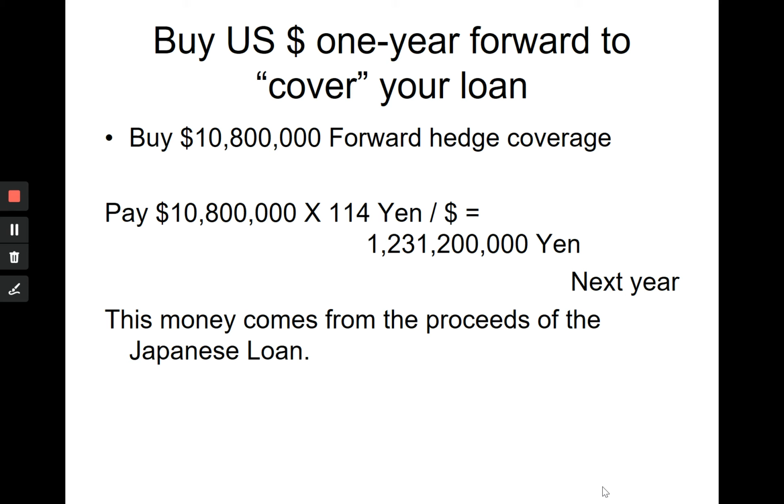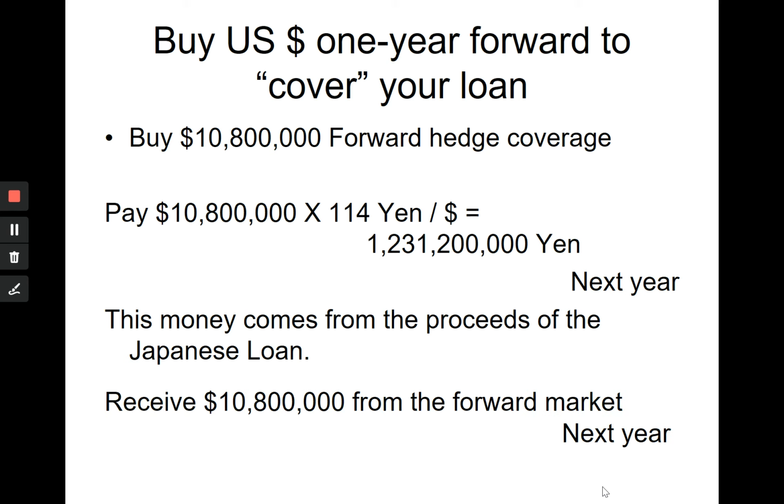The bank's money will go toward the American loan. Our yen payment would come from the yens that we earned. But we earned more than 1,231,000,000. The rest is an arbitrage profit.